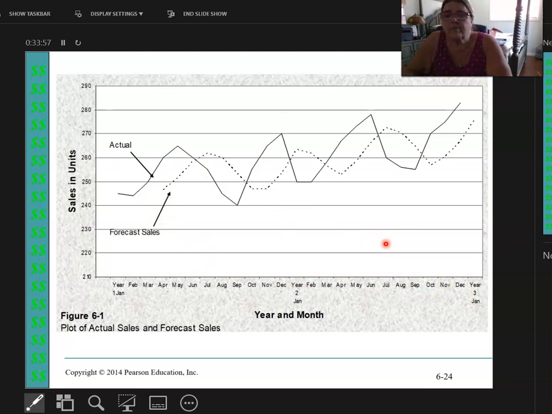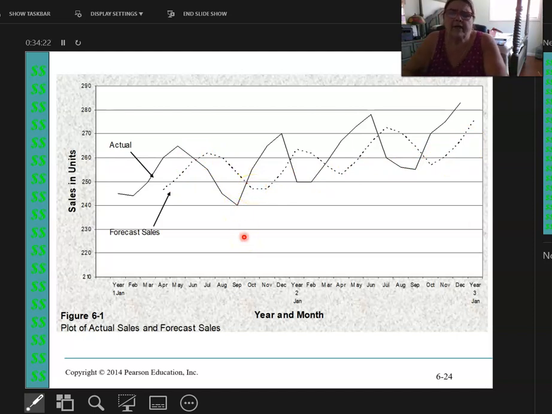So we use them all the time. Now, what can you tell about this right now? That sometimes my actual is higher. Actually, looking here, my actual has been higher all along, and my forecast was down. There were periods where actual came down, but I didn't forecast down.